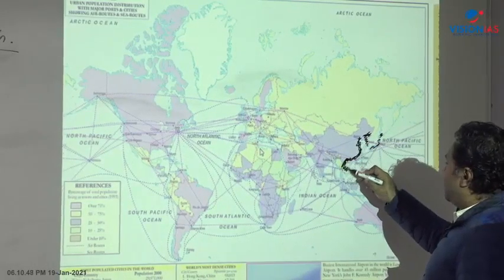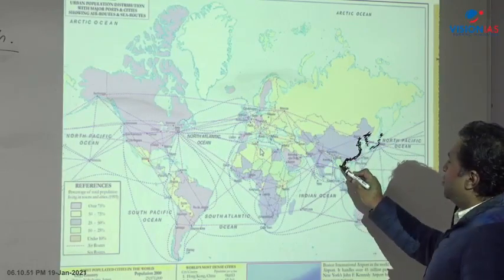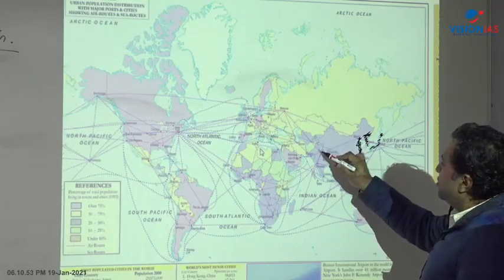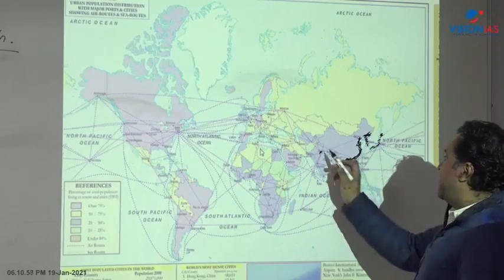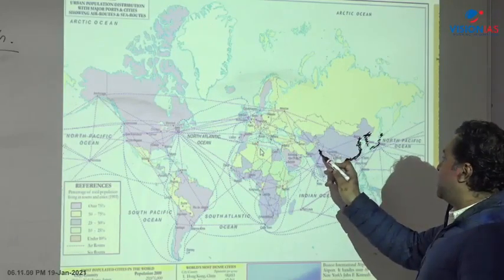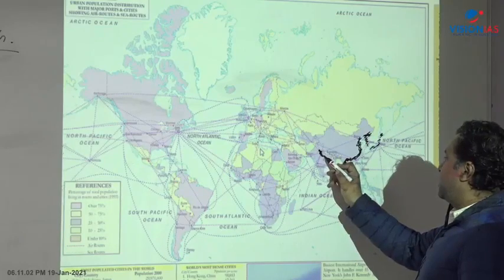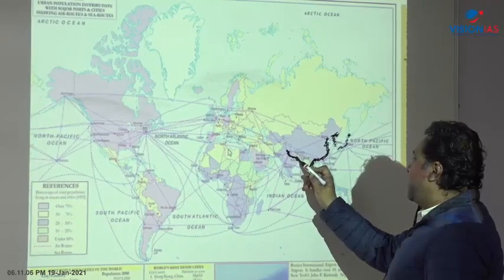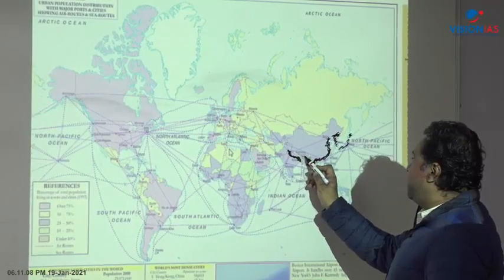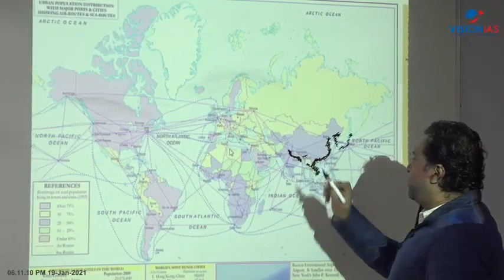Okay, then coming towards India, in India also, you don't find people living in the Himalayas. Where do most of the people in India live? They live from Punjab up to Haryana, UP, then Bihar, West Bengal, and the plains parts of Assam.